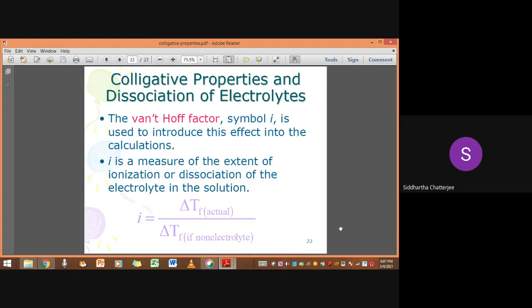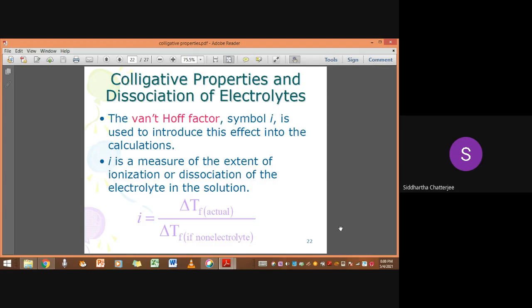The observed colligative property in case of the electrolyte is going to be greater than the expected value. For a non-electrolyte solute, when there is no dissociation and no association, you are considering ideal condition. In that case, the Van 't Hoff factor i is equal to 1.